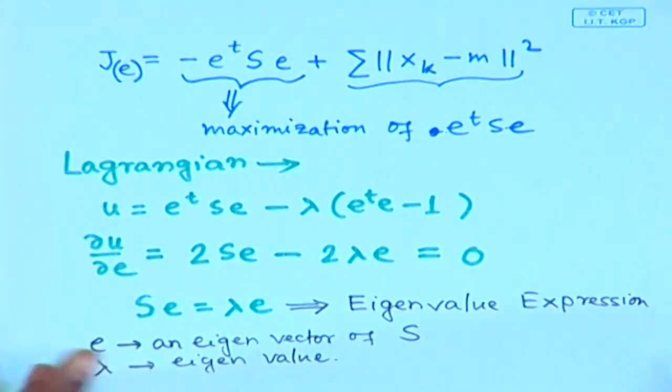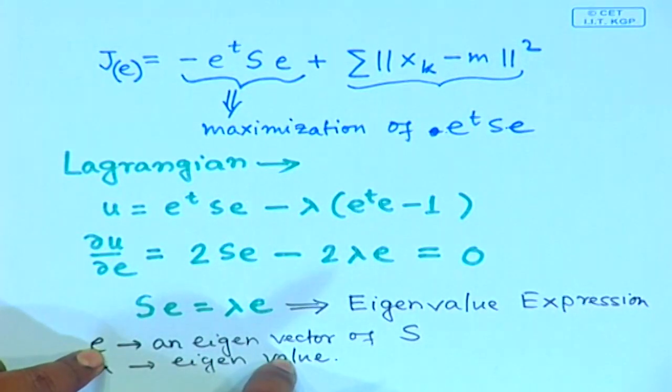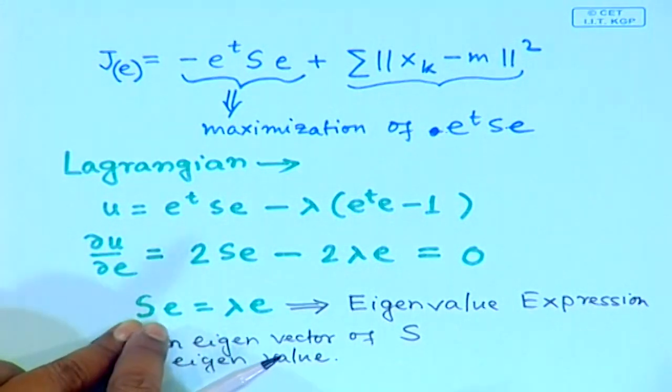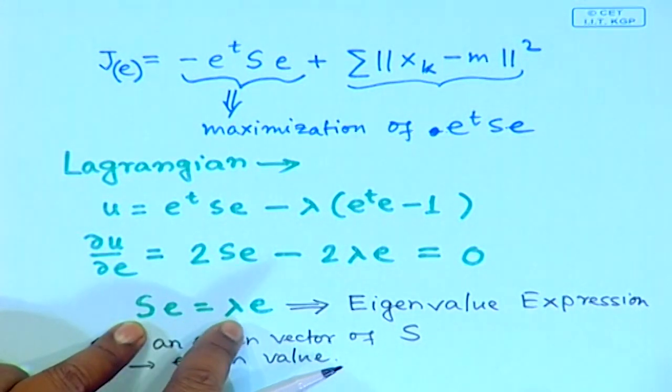Okay. So, that effectively says that when I am considering the direction of the line in the direction of vector E, this E is nothing but the eigenvector, and which eigenvector do I have to consider? The eigenvector corresponding to the maximum eigenvalue.